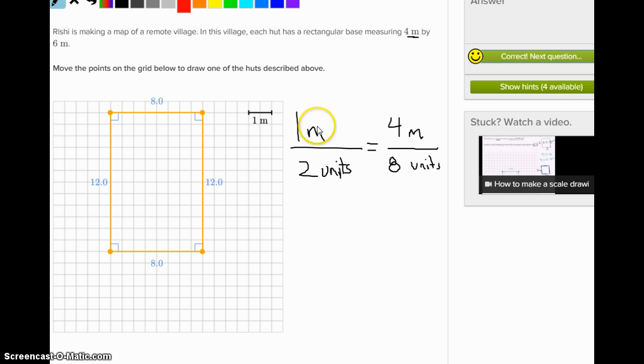Or I could think of it like, I've got 1 meter, I need 4 times that, so I need 4 times as many units, or 8 units. So it's two ways of doing the same thing. The most important thing you have to know is the scale.